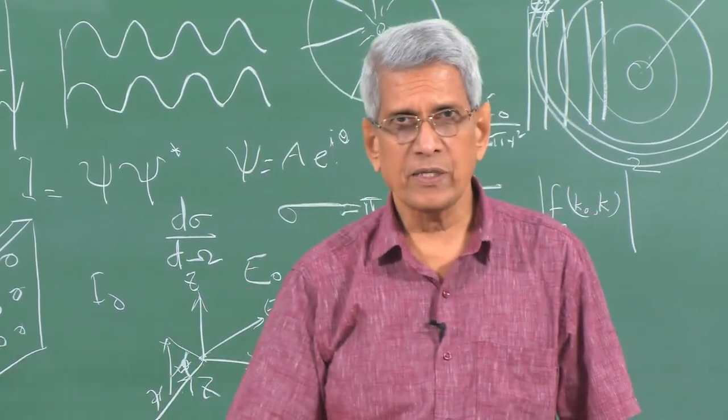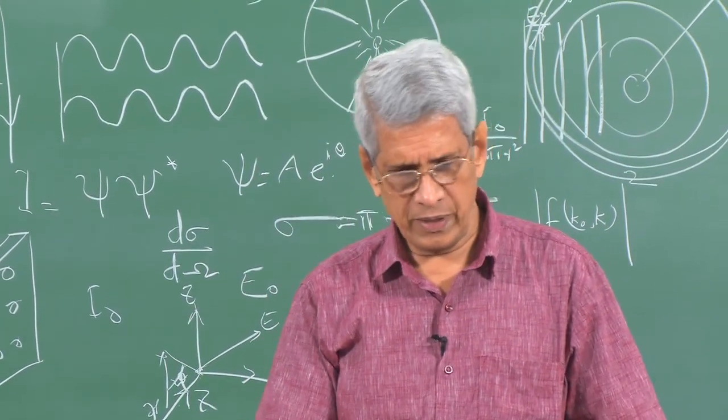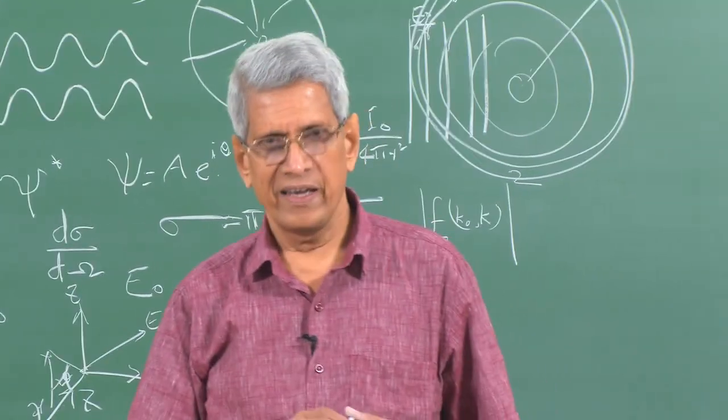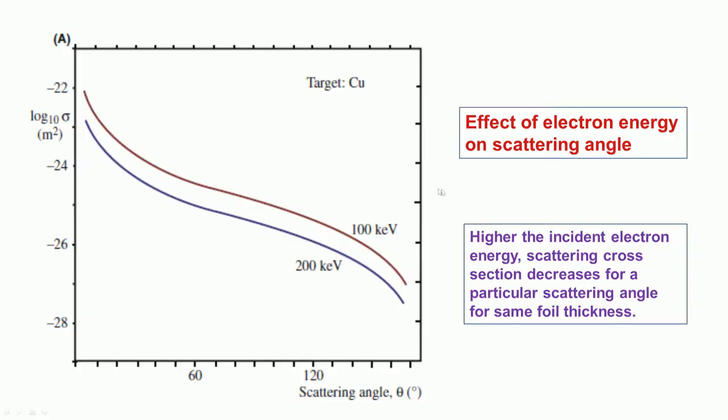Suppose now we come back to the case of electron scattering. If we increase the energy from 100 to 200 keV, then for a particular scattering angle we can immediately make out that as the energy is increased, the scattering cross section is coming down.